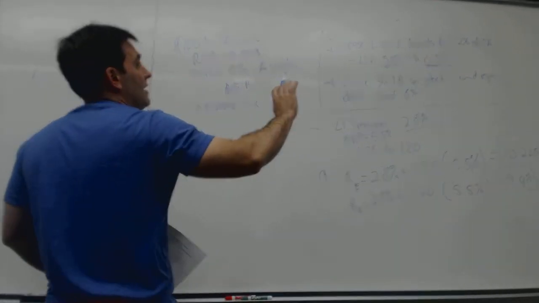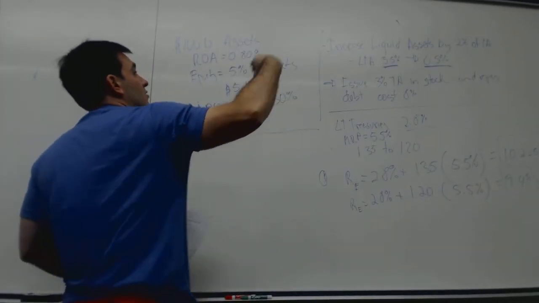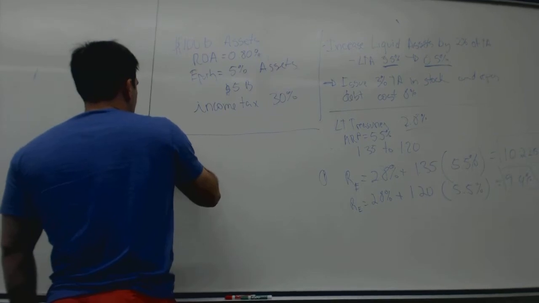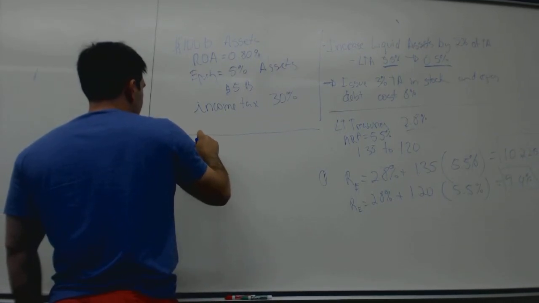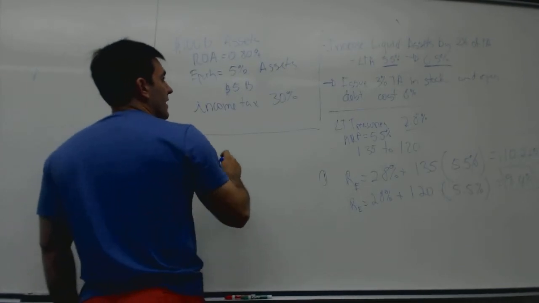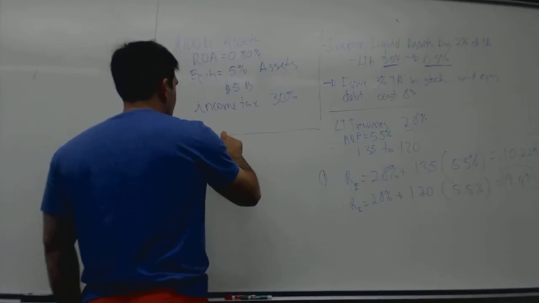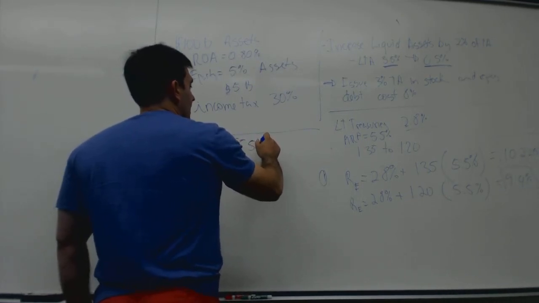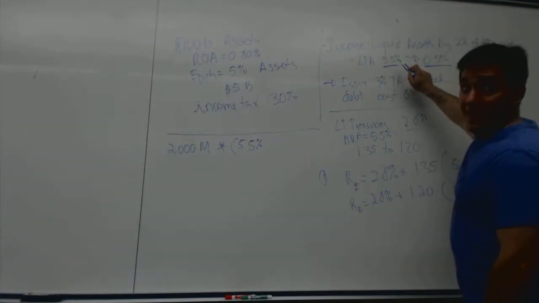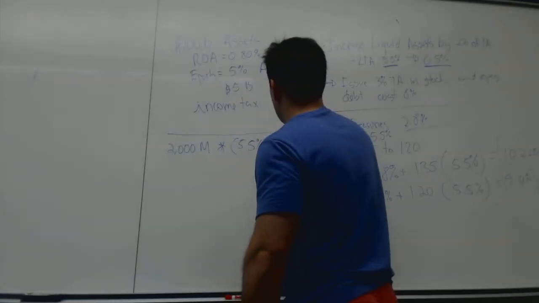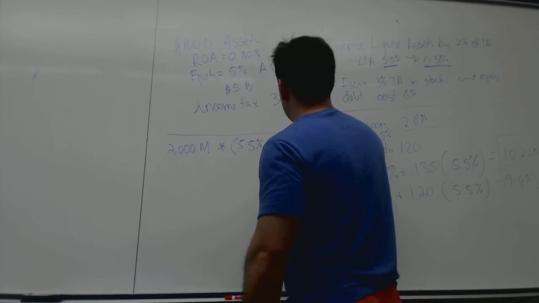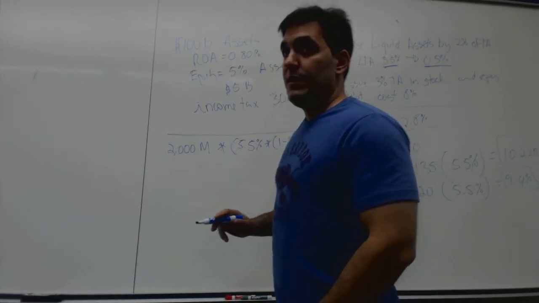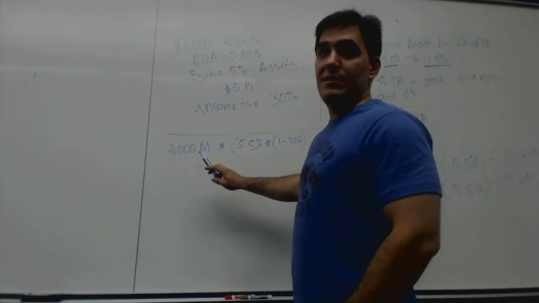If we don't have the long-term assets, 2% of 100 is 2 billion, or 2,000 million, of assets that were making for us a net income of 5.5%. But we pay taxes on this, so this is times 1 minus our marginal tax rate of 30%.